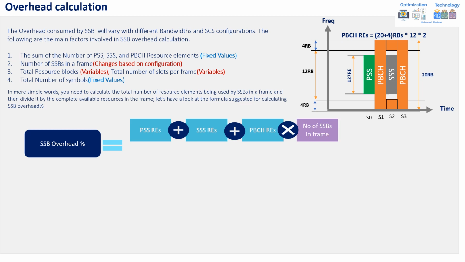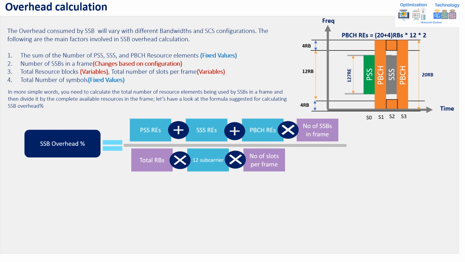Then multiply the result by the number of SSBs in a frame. Then divide the result by total resource blocks available in the band. Then multiply by 12 subcarriers. Then multiply by the number of slots per frame. Then multiply by the number of symbols.